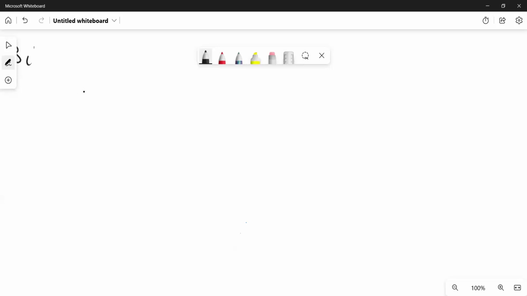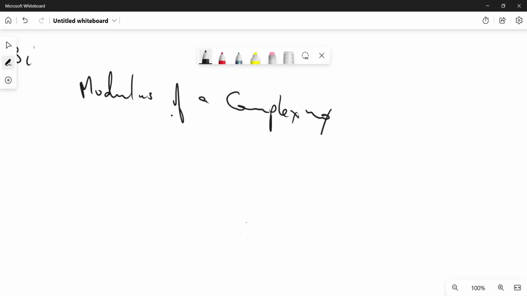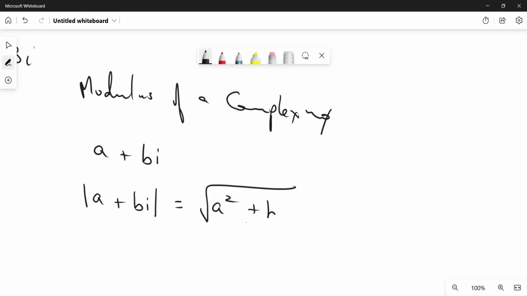The modulus of a complex number: if you have a complex number a plus bi, they write the modulus with a bracket around it, and that is equal to the square root of a squared plus b squared.